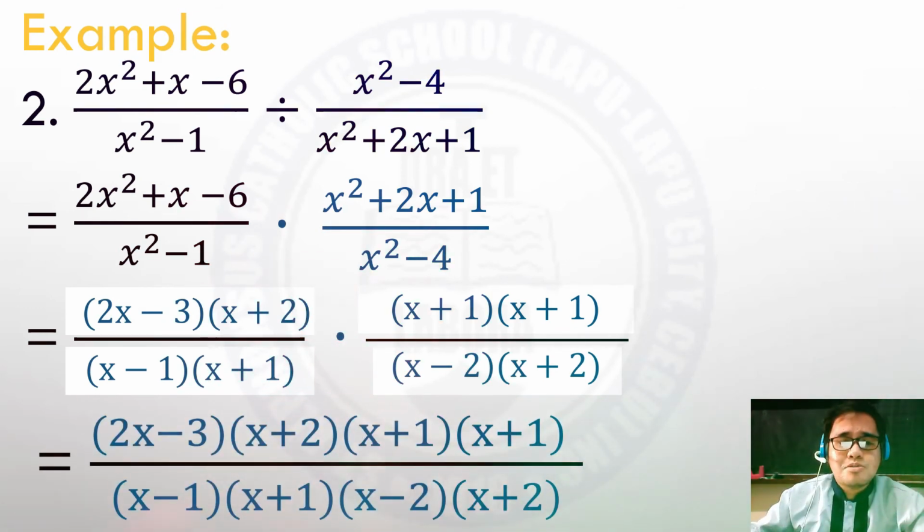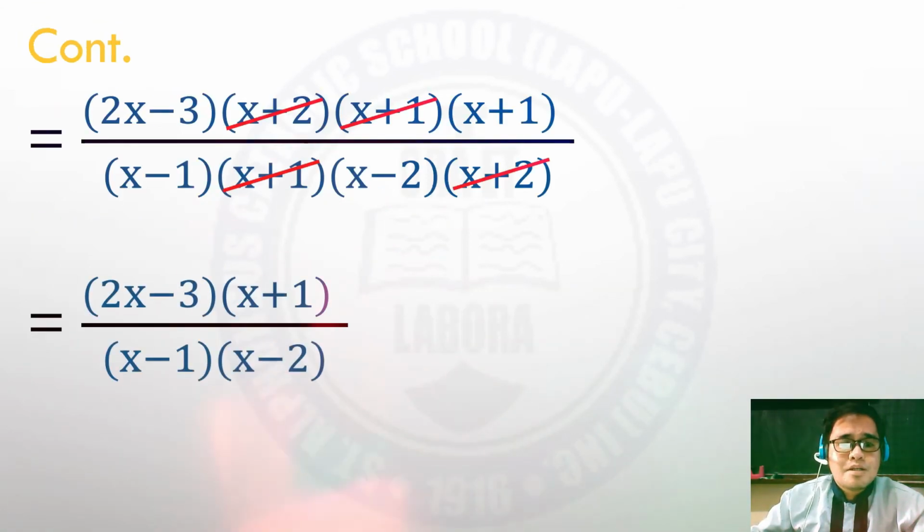Now, we are going to write all the factors into this form. And then before we multiply them, let's consider the factors of both numerator and denominator. As you can see, x plus 2 in our numerator, we have also x plus 2 in our denominator, so we would cancel them out. So we have x plus 1, and the remaining factors are 2x minus 3 times x plus 1 and x minus 1 times x minus 2.